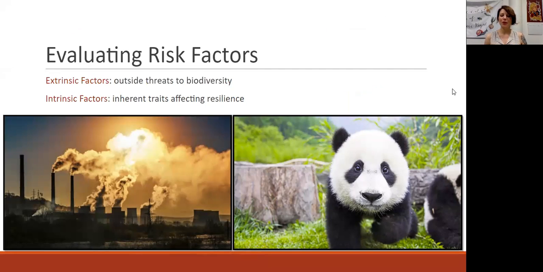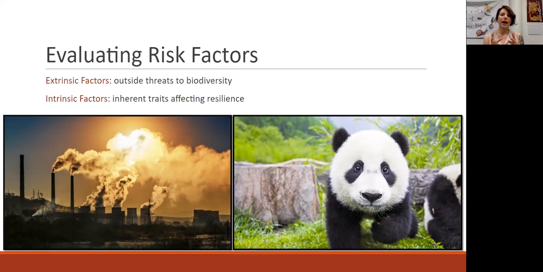All right, so the factors that the IUCN uses in order to evaluate how vulnerable a species is are called the animal's risk factors, and there's different types. You can have an extrinsic factor, and you can have an intrinsic factor. Our extrinsic factors are going to be external threats to biodiversity.